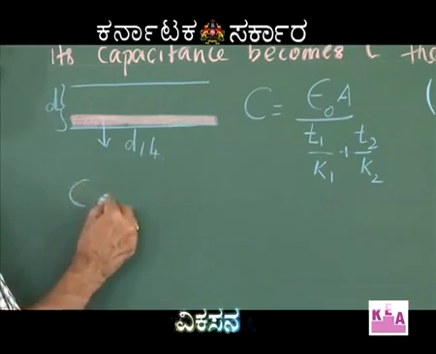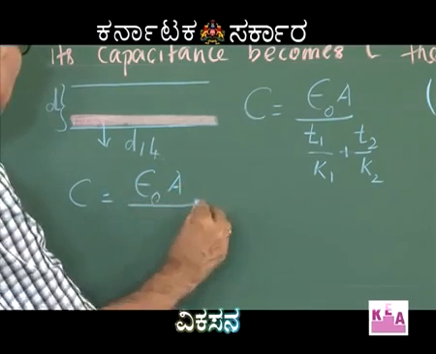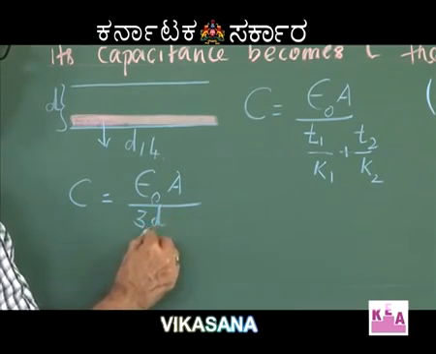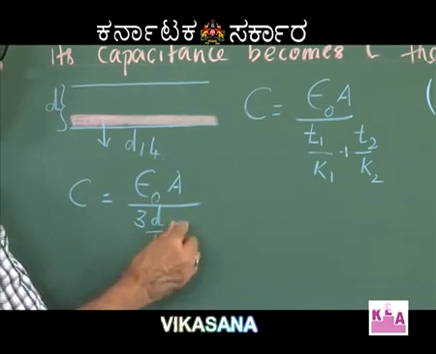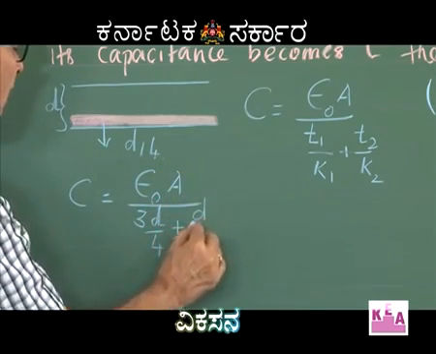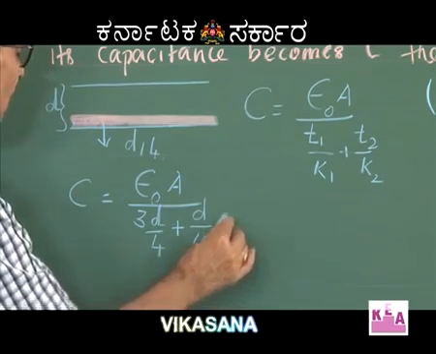Therefore, C will be equal to epsilon 0 A divided by 3D divided by 4 into 1 plus D divided by 4 into epsilon r.